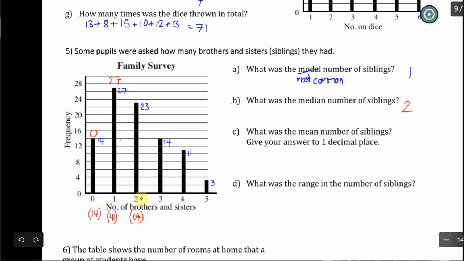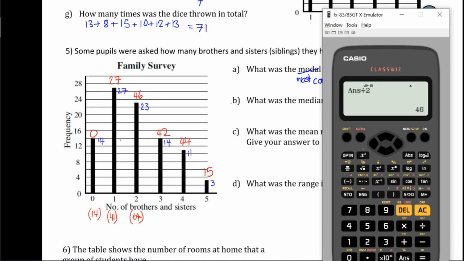So in total, 23 times 2 is 46. 14 times 3 is 42. 11 times 4 is 44. And 3 times 5 is 15. So the total number of siblings is what I get when I add those up. 27 plus 46 plus 42 plus 44 plus 15. 174 altogether.